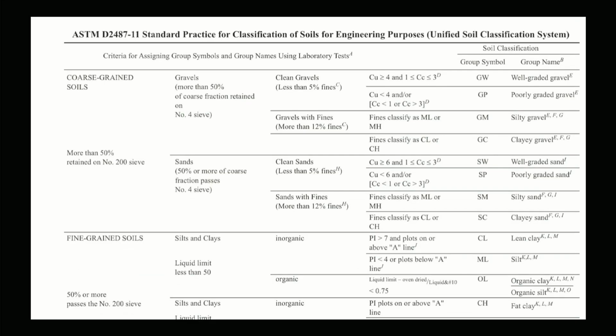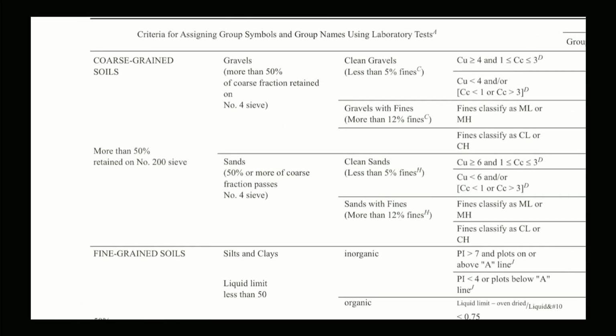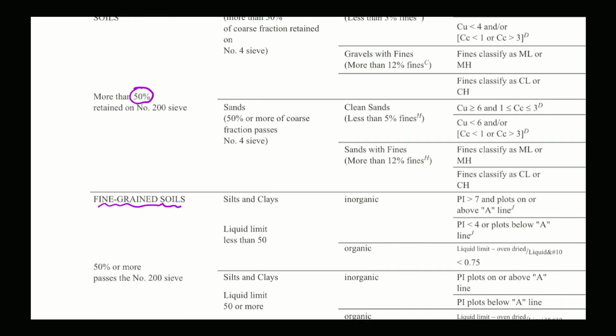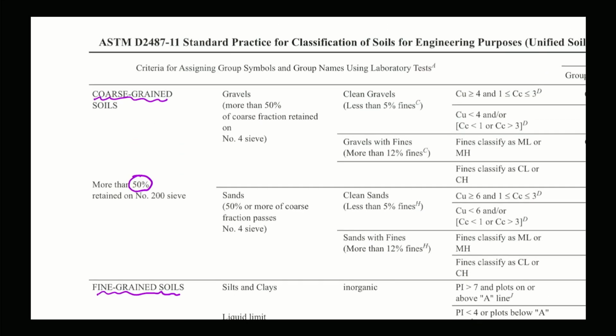So first of all, let's look at whether it's coarse grained or fine grained. The cutoff number is 50% for the number 200 sieve. So if you have more than 50% of the soil passing number 200, we would consider that to be fine grained soil.